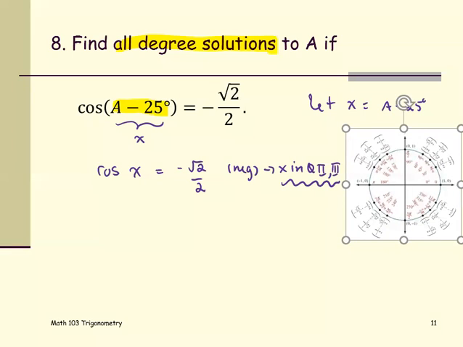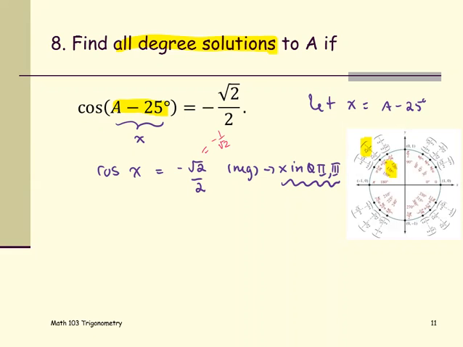In the second quadrant, the first coordinate of the ordered pair is negative square root 2 over 2, which is equivalent to negative 1 over square root 2, for an angle of 135 degrees.